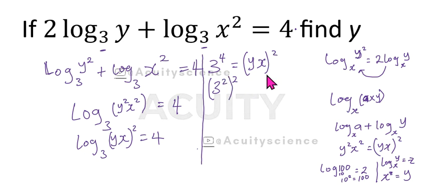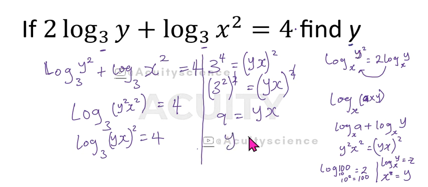The plan is just to make it look like the right hand side. So yx all raised to the power 2. If we take out these and these, it means these two are equal. That's 9 is equal to yx. Well, we're supposed to find y. So y is equal to 9 over x. Super easy.